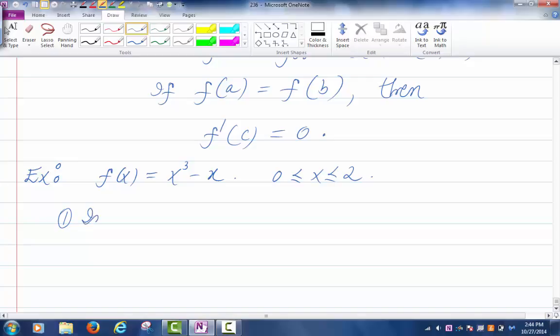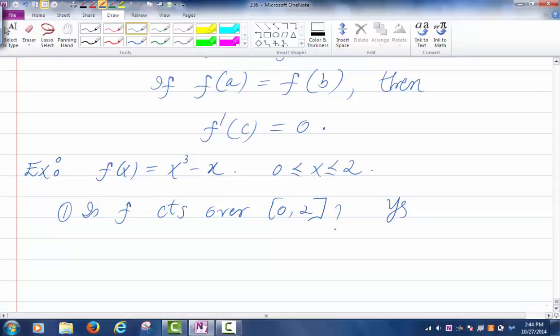Well, the answer is yes. So, is f continuous over the interval from 0 to 2? The answer is yes. And two, is f differentiable?